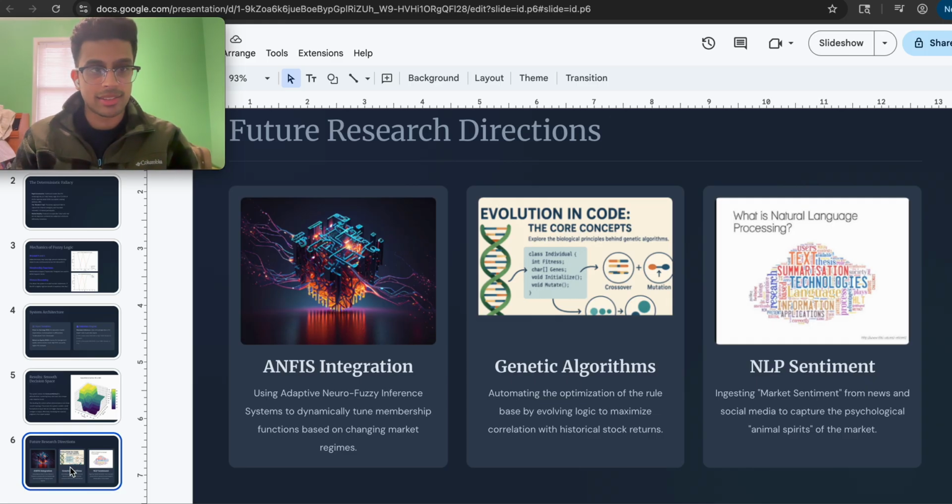And you can tokenize their tweets and you can have a market sentiment score based off of an NLP library in Python, and you can use that as a metric also for your rule-based system. And you can scale the rules to have a more informed investment decision.